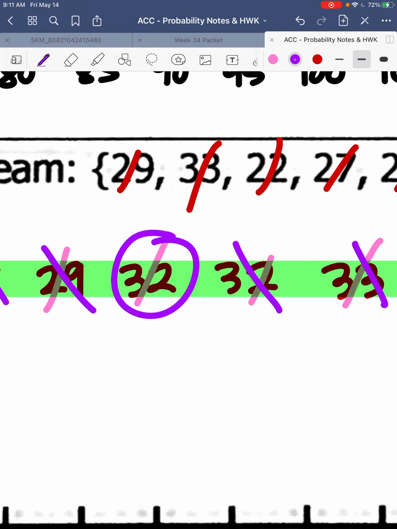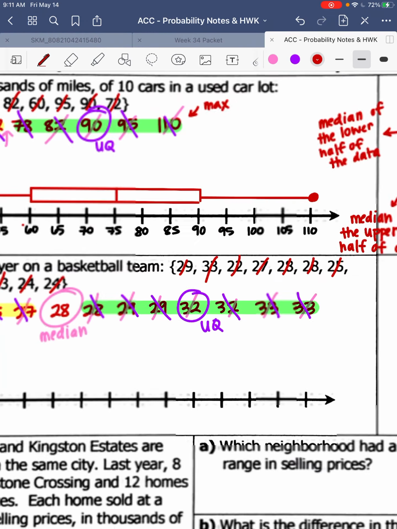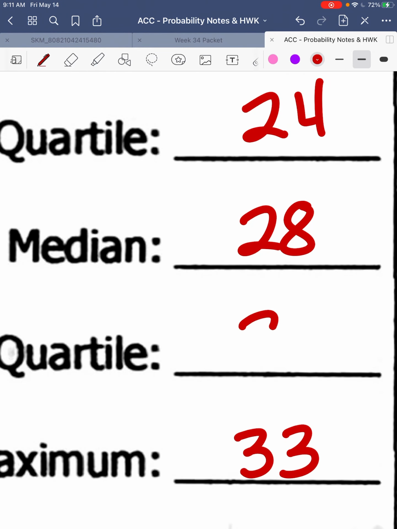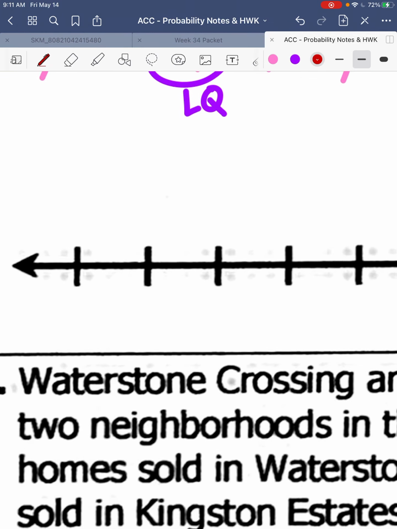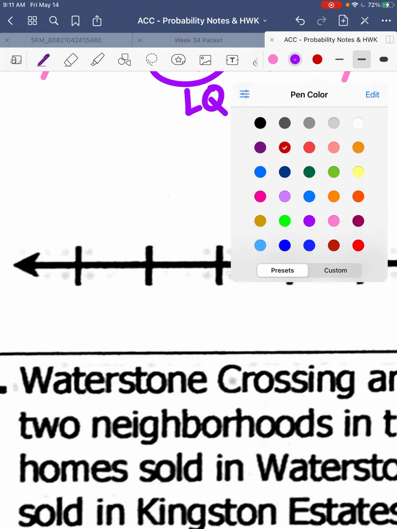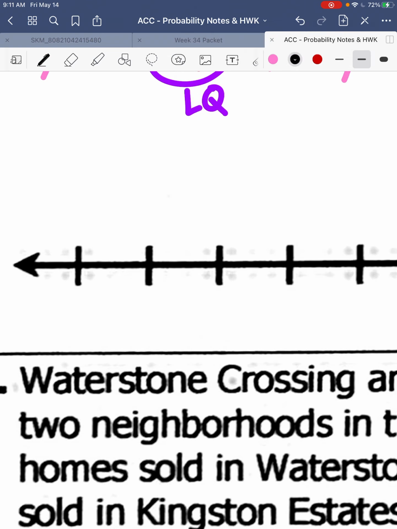And I find that that right there is my upper quartile. So 32. Okay, so now with this 5-number summary, I can make my box and whisker plot. So I'm going to start, I think, with my number line. And I'm going to start by labeling it at 20 maybe and counting by 1.